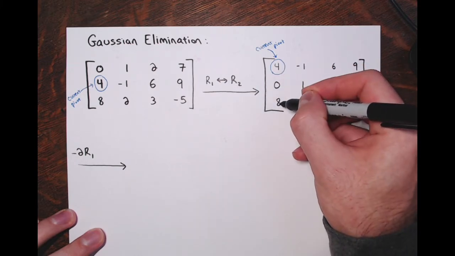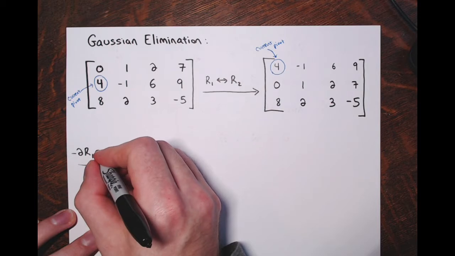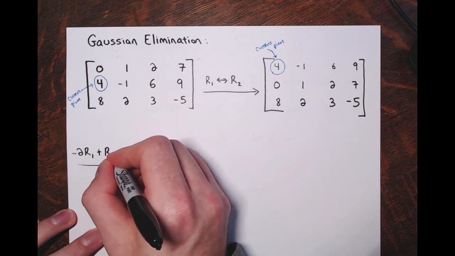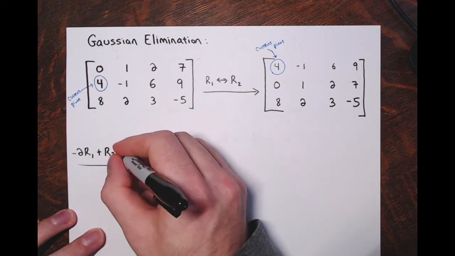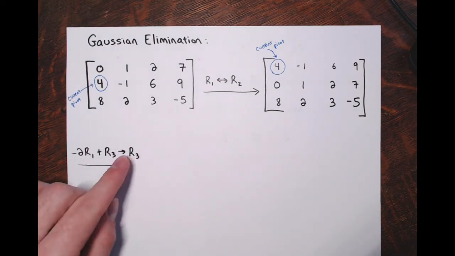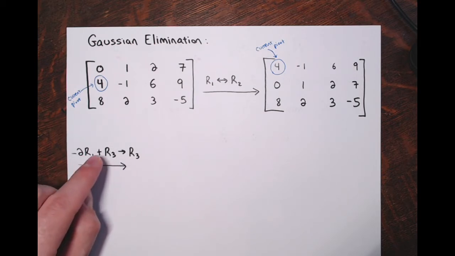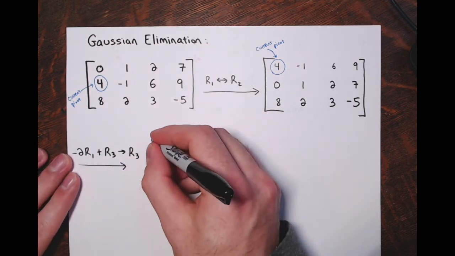And then if I add it to 8, that'll make this entry into 0. Negative 8 plus 8 is 0. So I do negative 2 times the first row entries, add it to the third row entries, and this will produce a new row 3. Remember, this notation means replace row 3 with negative 2 times row 1 plus row 3. All right, let's see what we get.